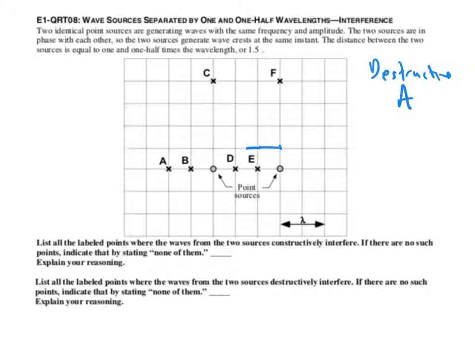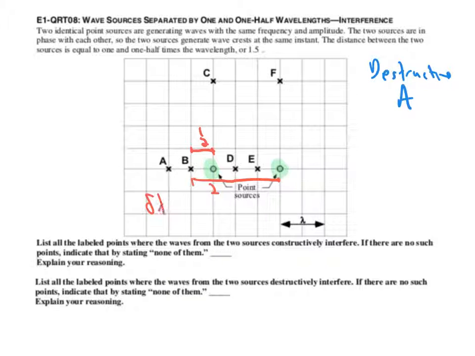Again, we're talking about this source and this source. And so if we think of the distance of B, this is 1/2 wavelength, and this is 2 wavelengths.